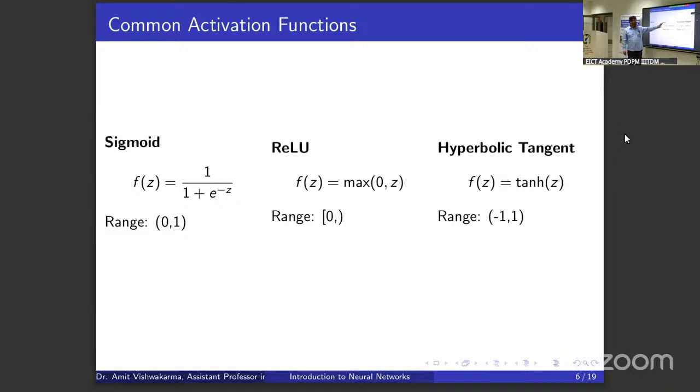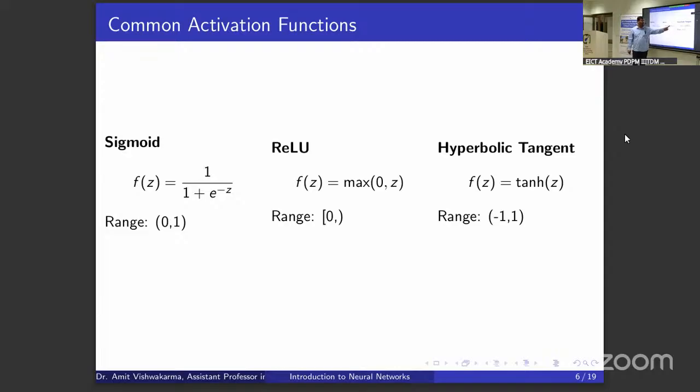Then ReLU function is rectified linear unit. ReLU is sufficient if you just remember this: f(z) equals maximum of 0 and z. First of all we have to understand what this means. Assume z is minus 5. So what will be f(z)?